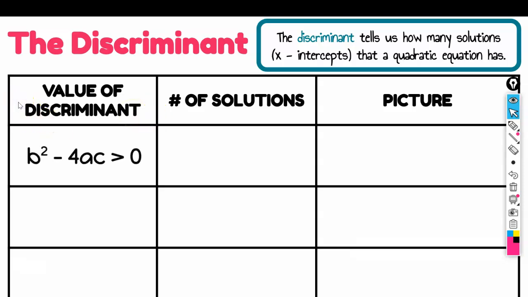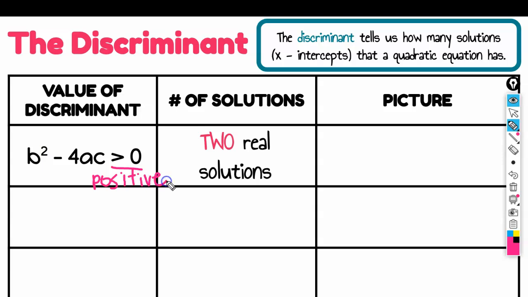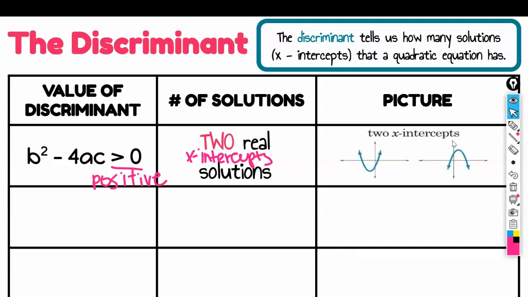If it is greater than 0, remember, greater than 0 means positive. If the discriminant is positive, then there are two real solutions, two x-intercepts. So if I was to look at a graph, it would have two x-intercepts.